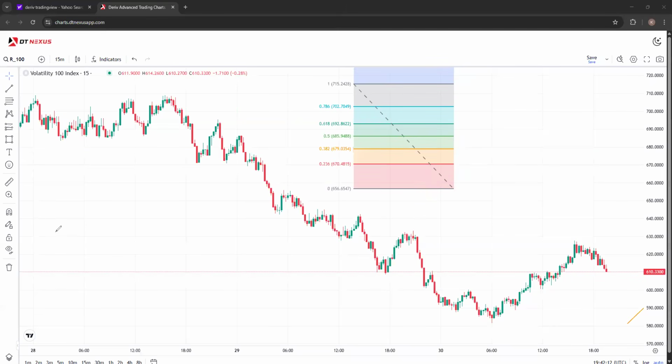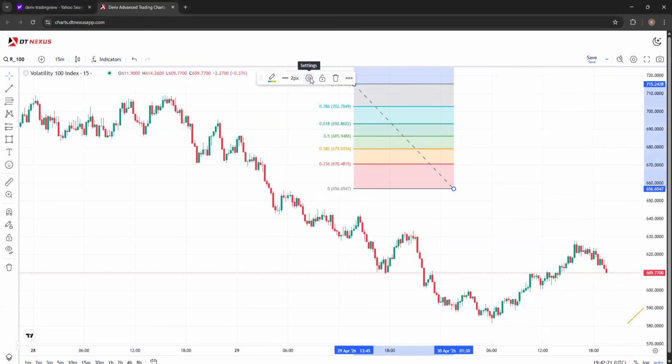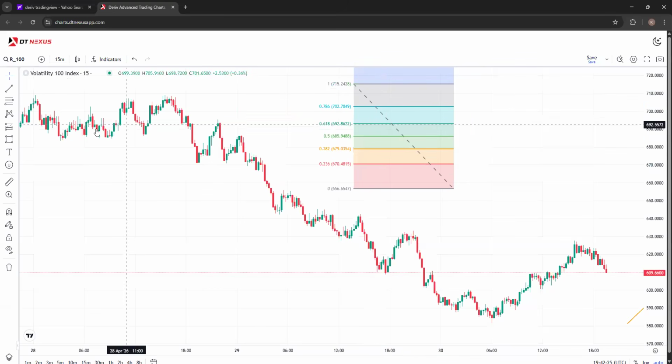So before we go any further with the fib, I would want to customize this while we look at it. The whole idea of the fib is to get retracements at the 0.5, 0.6 or 0.71, which I'm going to add.